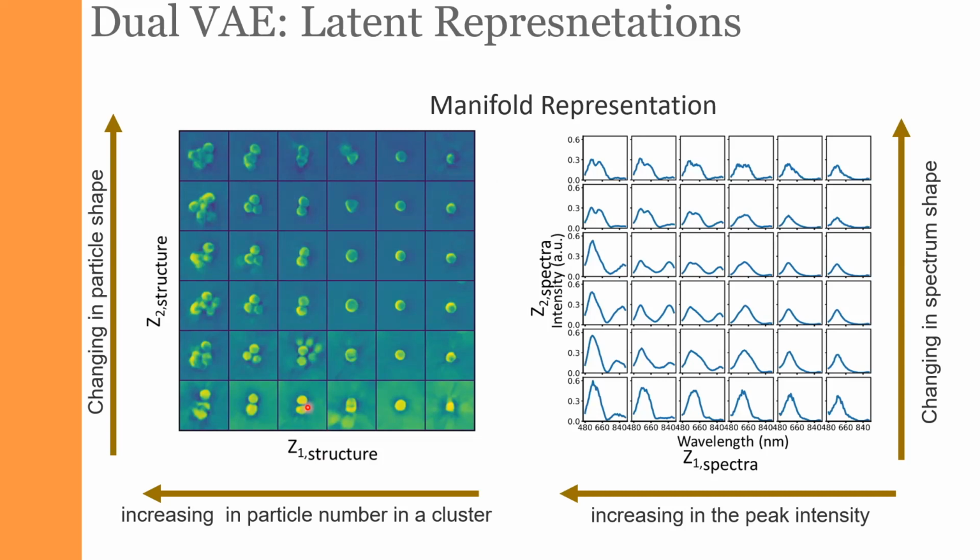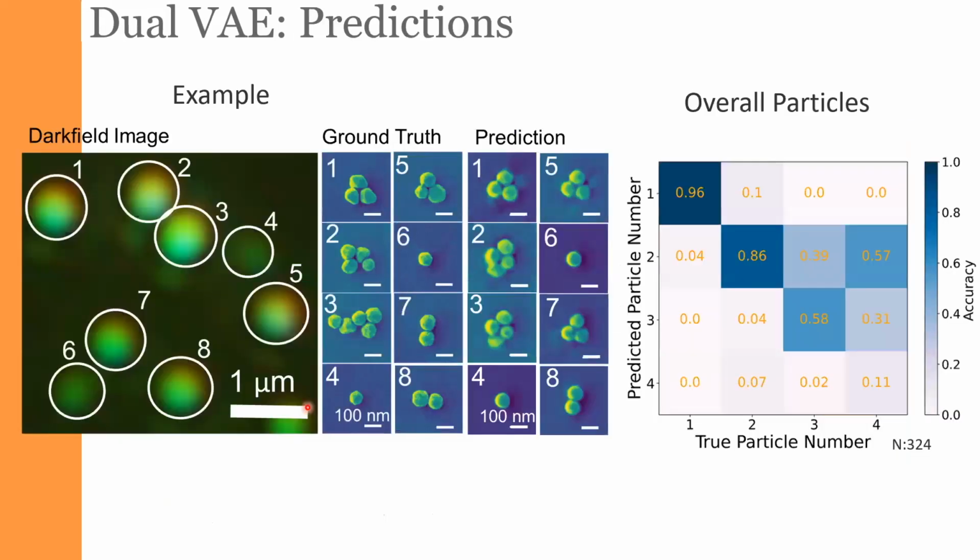Why it works is a difficult question, and I don't know the answer. We can speculate that it's because the autoencoders are heavily regularized or what not. But the important thing is that it does work. And this allows us to build the structure-property relationship between the structural data and spectral data.